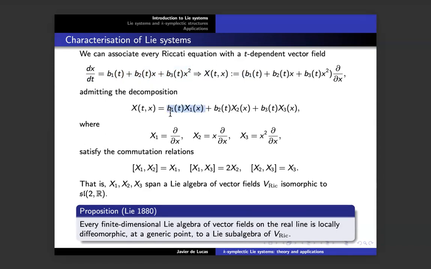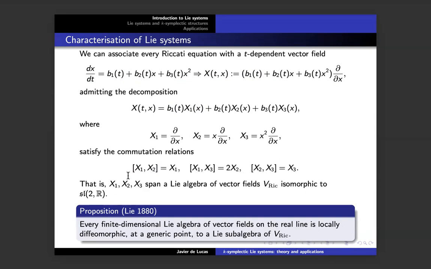You have a function b1(t) multiplied by X1, a function b2(t) multiplied by a second vector field, and a function b3(t) multiplied by a third vector field. These three vector fields satisfy that when you work out the Lie bracket, the bracket of the first and the second, the first with the third gives twice the second, and the second with the third gives the third.